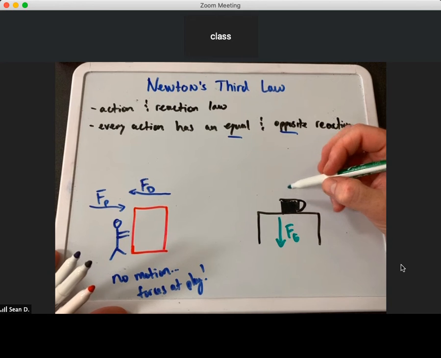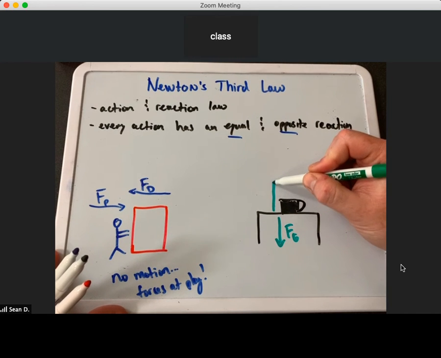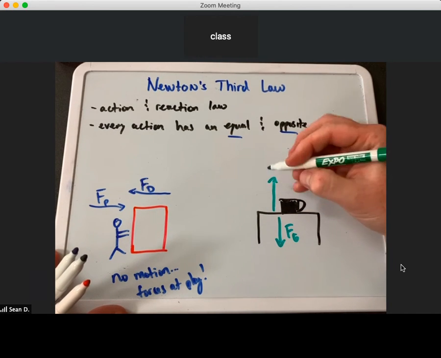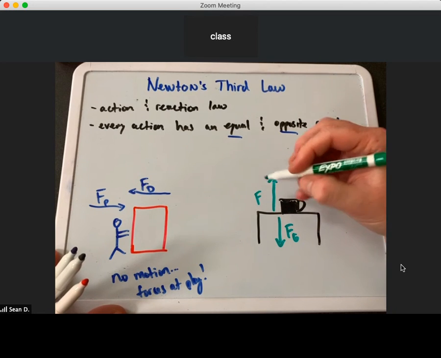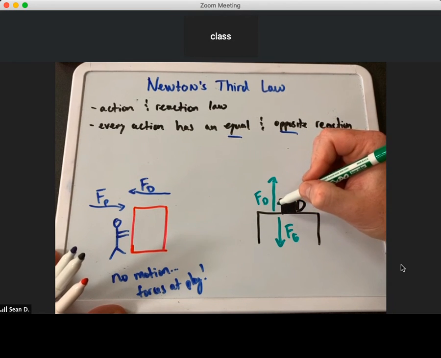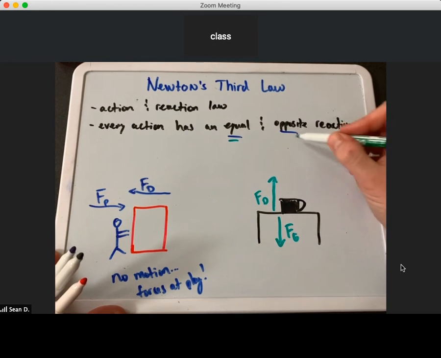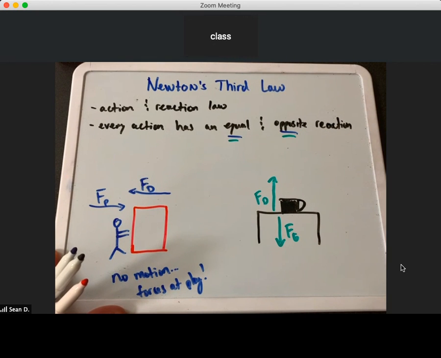However, it's not moving because the desk is pushing up against that force of gravity with an equal and opposite reactionary force. It is equal and opposite the force of gravity. So whenever we have two objects interacting, there is an action in one direction, a force in one direction, and an equal and opposite reaction in the opposite direction.